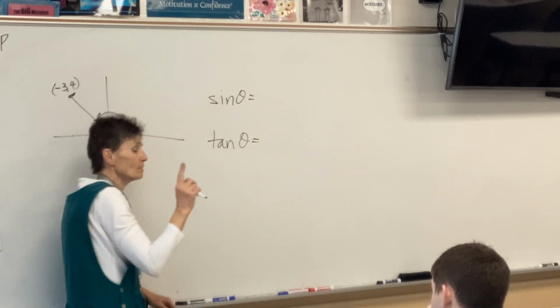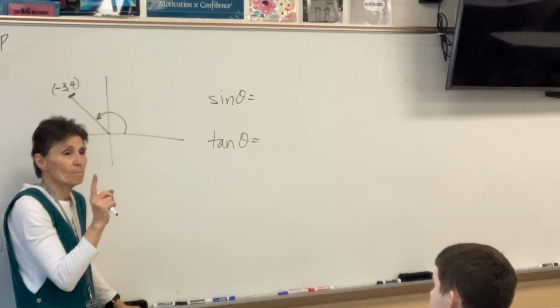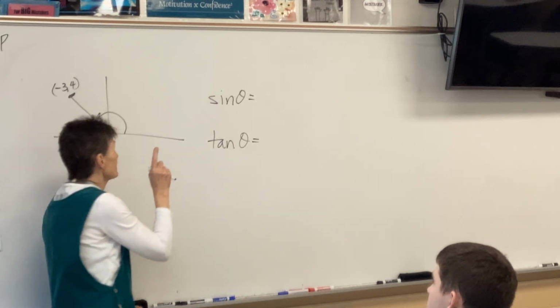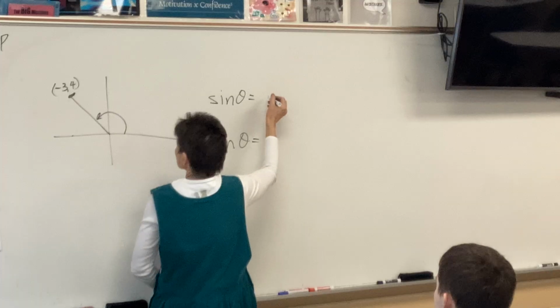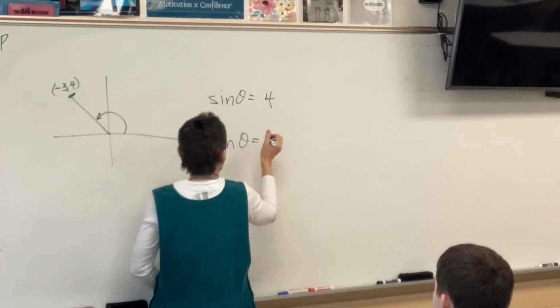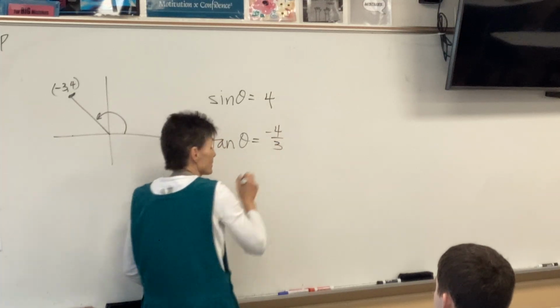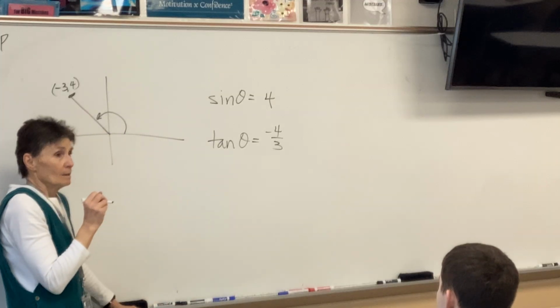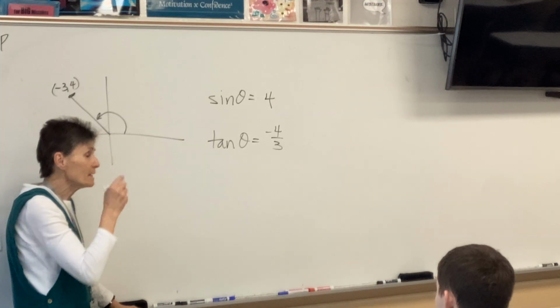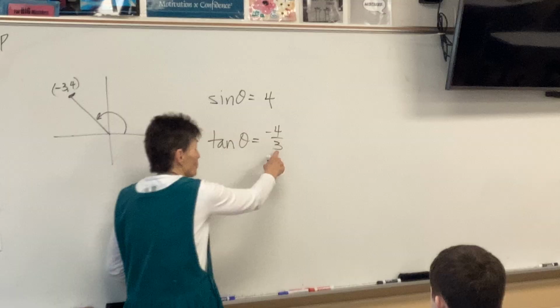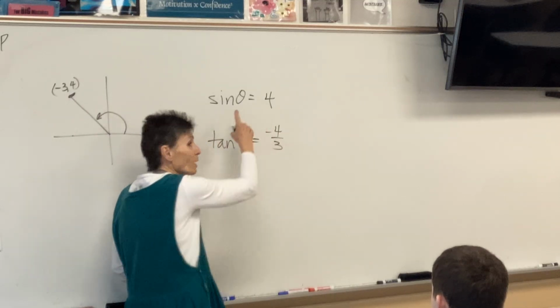Now here is what has shown up on some papers. Some people said the sine is 4 and the tangent is -4/3. Now I am in complete agreement with this one. But this one is off base.